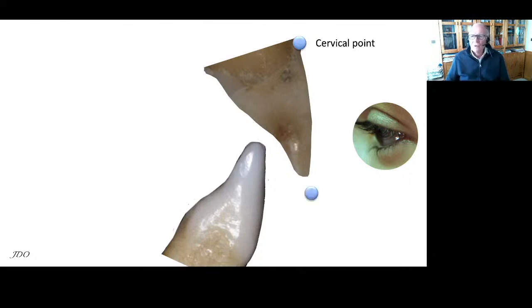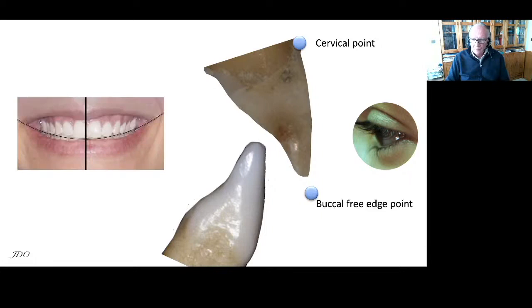After, we have the free edge, the buccal free edge point, defined by its relation between the lip at rest and in a smile, on a large smile, and so on. With this, you can define the limit for the wax-up of the anterior part. But no information concerning the lingual face.